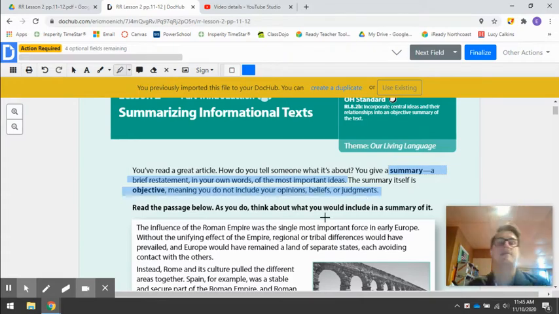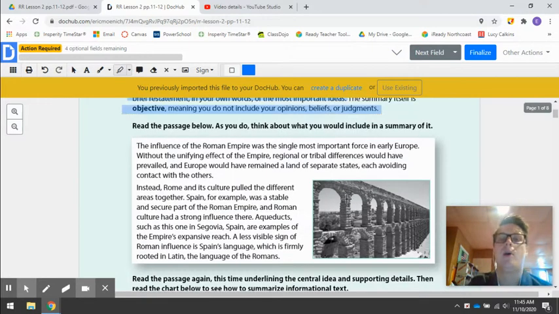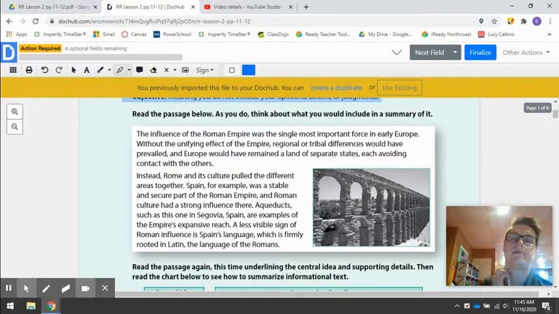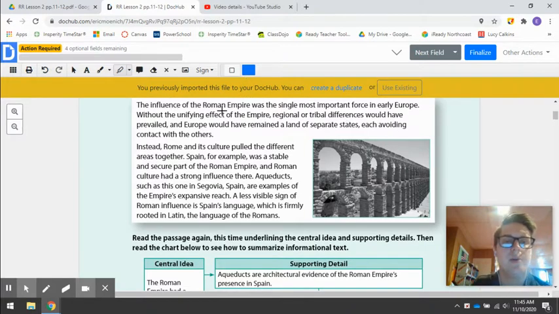So we're going to read the passage below, and as we do, think about what we would include in a summary of it. So it says, the influence of the Roman Empire was the single most important force in early Europe. Without the unifying effect of the empire, regional or tribal differences would have prevailed, and Europe would have remained a land of separate states, each avoiding contact with the others.